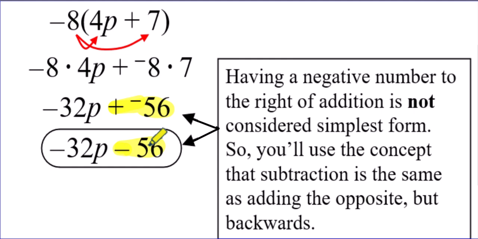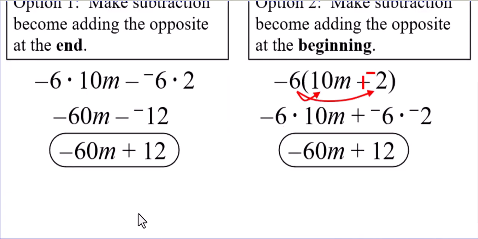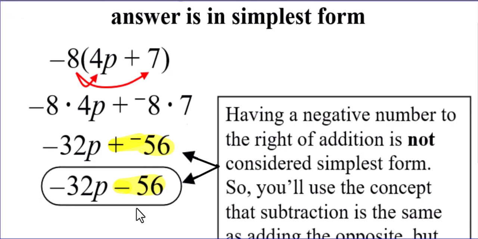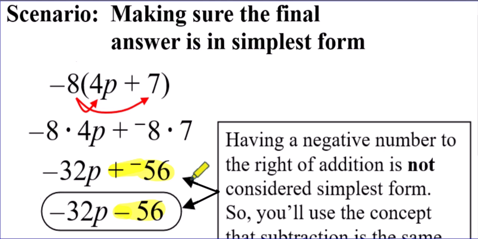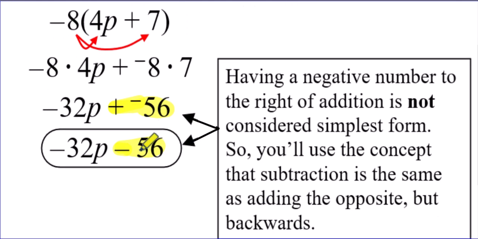So yes, you actually have to do this if you have plus negative, or even if you would have minus negative, you would have to make that adding the opposite, which is adding a positive. So that's something you're going to have to keep in mind if you have a negative number to the right of your plus or to the right of your minus. That is making it become simplest form when you make it become minus 56.